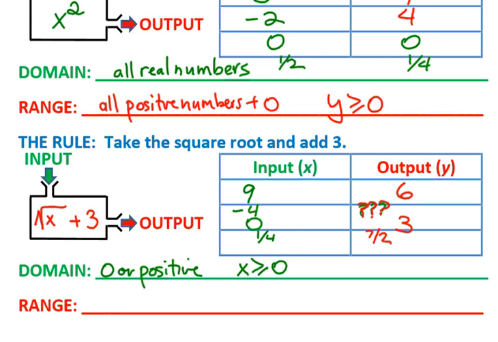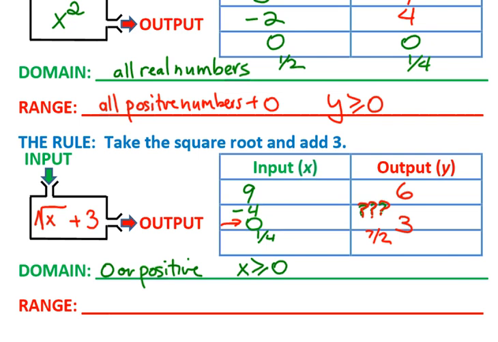And the range, what came out. Every time we put something in, it's going to shoot out a positive number, but it's going to be +3. So it looks like our answers are going to be positive, but can you be more specific? I think the smallest number we can put in is a 0.